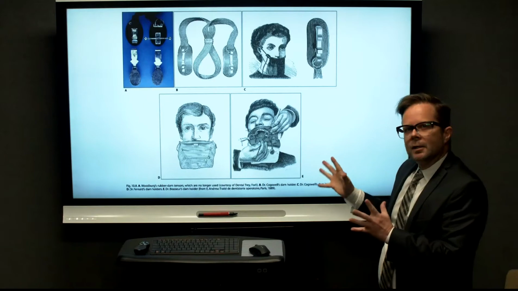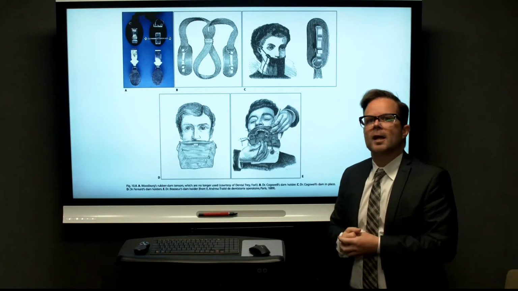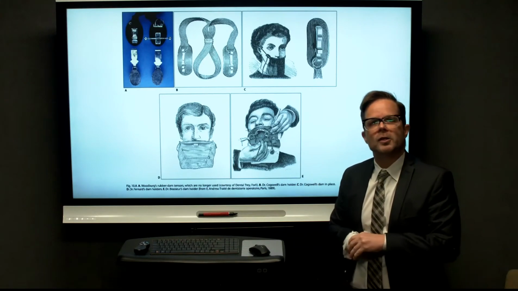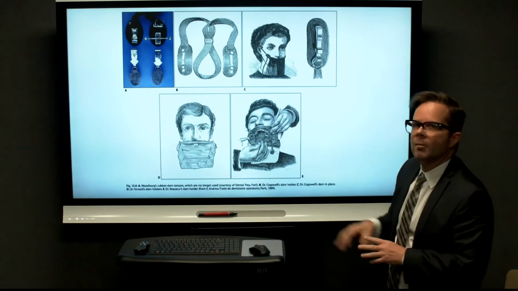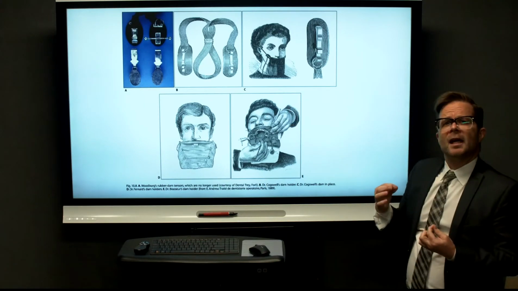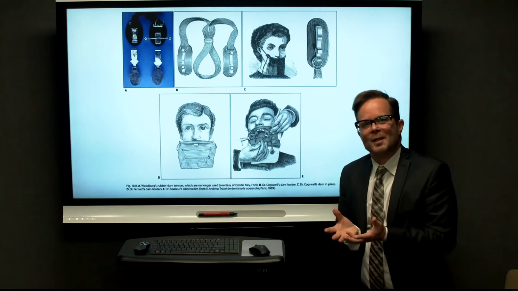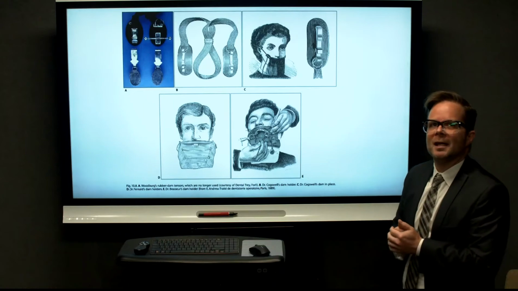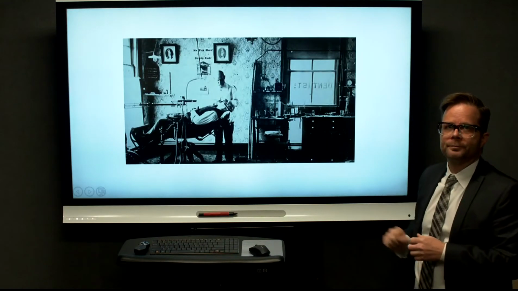You can see that it's a little bit cumbersome, a little bit clumsy, and from our knowledge now of infection control and prevention in the dental surgery, you can see that these leather devices may not be the most appropriate to use in modern dentistry. So the clamps, the punch and the Rubber Dam are sort of the same, but we've moved on in terms of the techniques for placing the dam and maintaining it in the mouth.